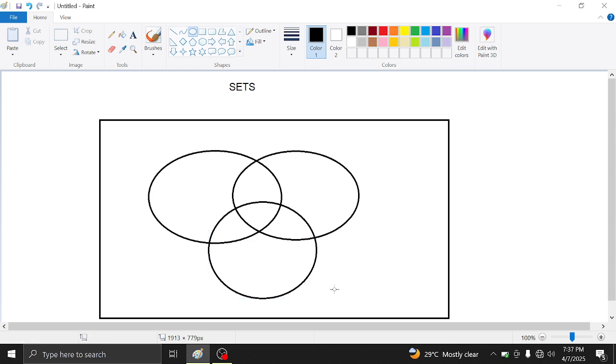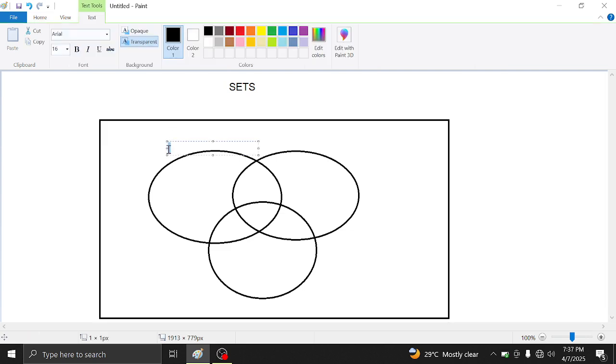Okay, so let's say there are sets A, B, and C. Let's represent it by just that. So there is going to be number of A here, number of B here, and number of C. And the universal set, which is U, will also be here, just as we did for the two set problems.